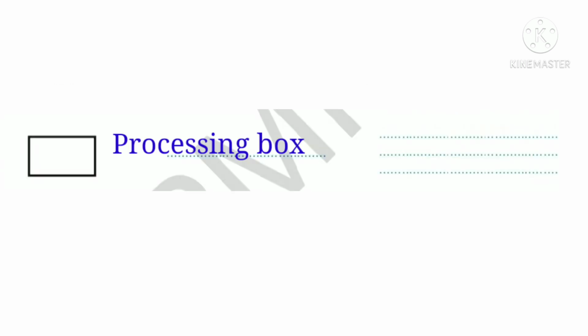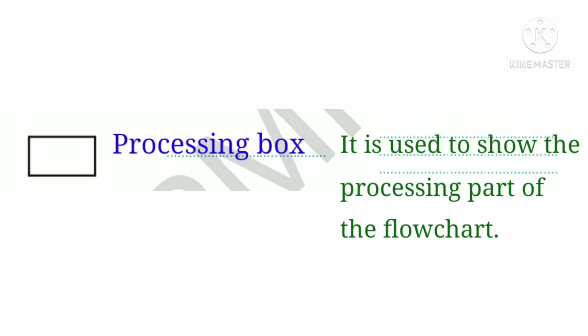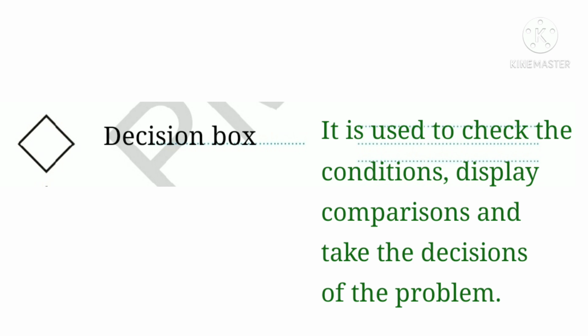Next is rectangle, the processing box. It is used to show the processing part of the flowchart. And decision box, it is used to check the conditions, display comparisons and take the decisions of the problem.